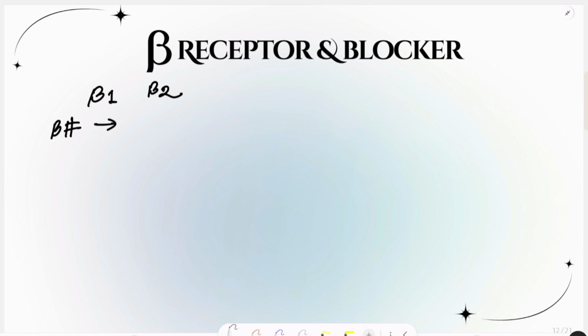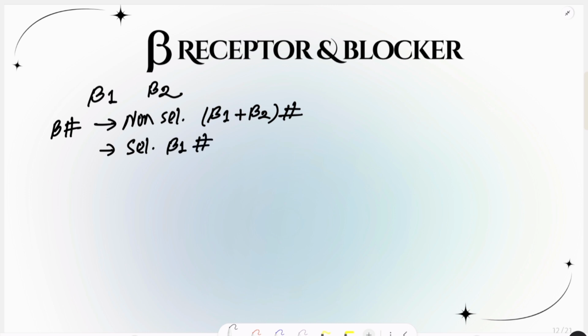One is non-selective beta blocker, which will block both beta 1 and beta 2, and the second one is selective beta 1 blocker, which will only block the beta 1 receptor, and the third one is selective beta 2 blocker, which will selectively block the beta 2 receptor.